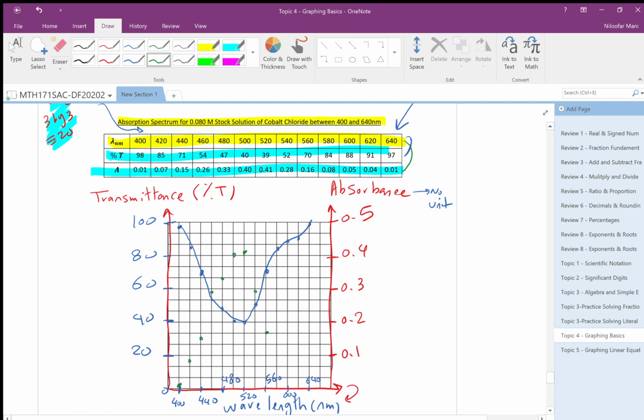So the next one, 580 and less than this here, and then 600 and half of that here, and then 620 and this, and 640, and again I come down. Okay, now I can connect them.